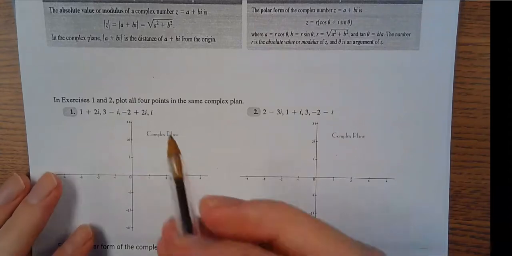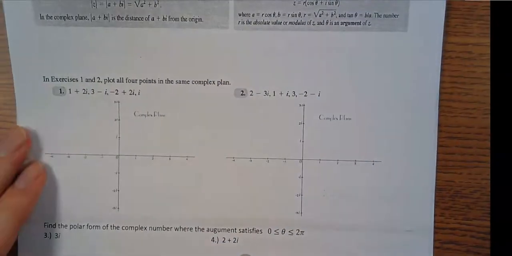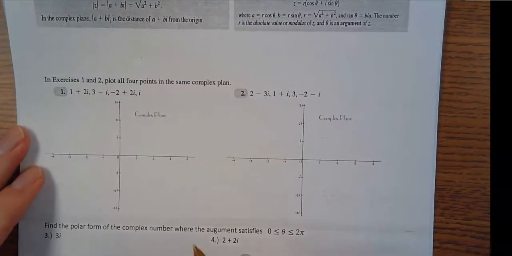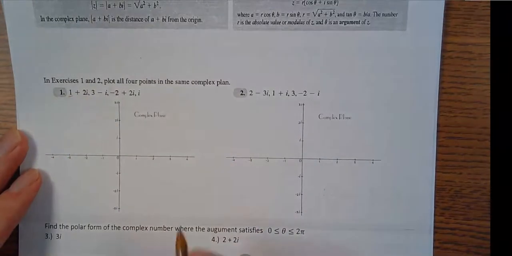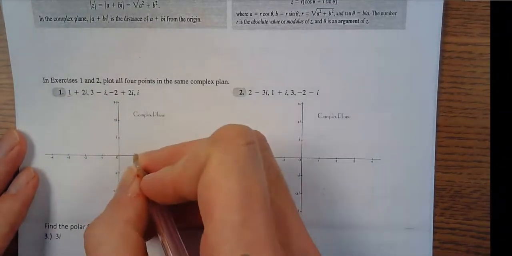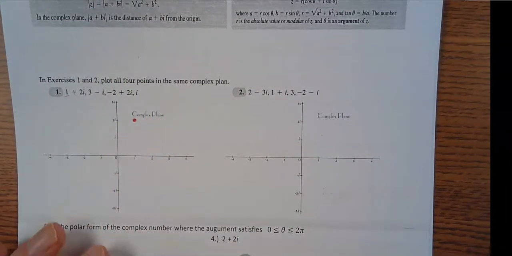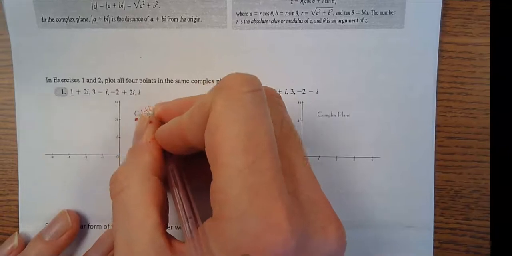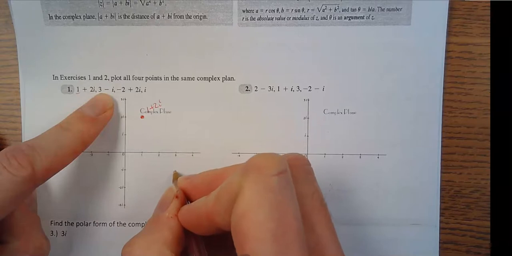So we can figure out how far a complex number is from nothing, from 0. So first off, to plot these guys, and we'll get back up to this in a second, I'm just kind of starting it out here. To plot these guys, you go basically 1 to the right and then 2 up. So I'm going to go to 1 on the real axis, 2 on the complex axis, and I get that one right here. So that's 1 plus 2i. 3 minus i would be right 3, down 1.